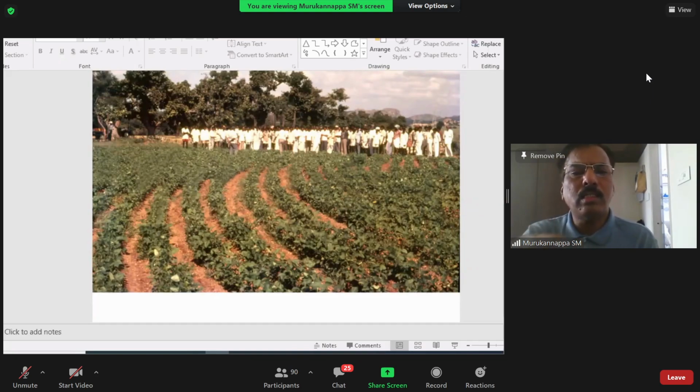See here, this is a plot they have given. In this, they have made contours, and contours are always across the slope direction. You can see from the right side, where the people are watching, there is a slope towards the downstream side, towards the left.